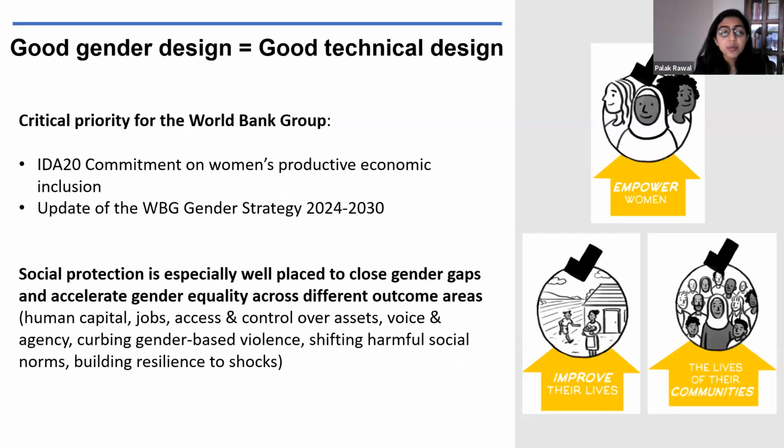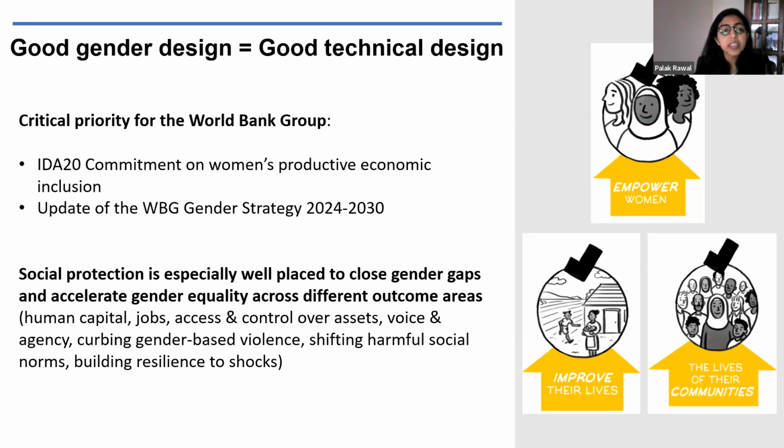Next slide, please. It is extremely important for social protection programs to take into account the specific needs and challenges of women and girls and to respond to them to be able to truly achieve their objectives. A vast majority of social protection beneficiaries, as we know, are women and girls, who are also among the most vulnerable groups in any context.